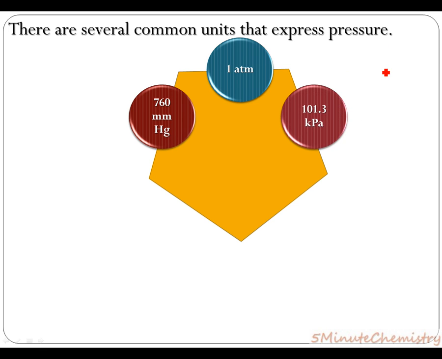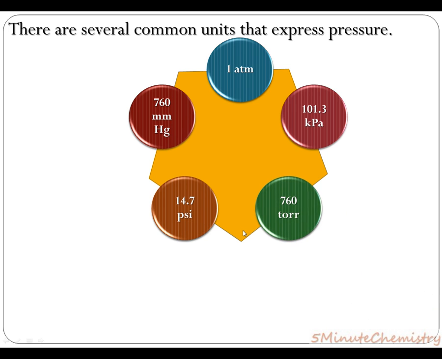This is equivalent to 101.3 kilopascals, which is equivalent to 14.7 psi, or pounds per square inch. And lastly, it is equal to 760 torr. So that's the Torricelli unit. You'll notice that our millimeters of mercury and our torr units are going to be consistent. For our purposes, they're exactly the same.